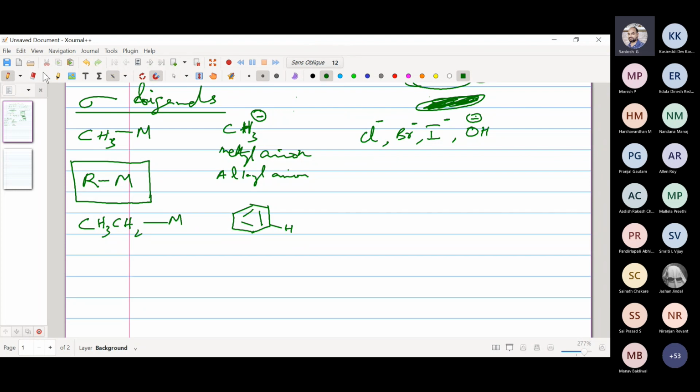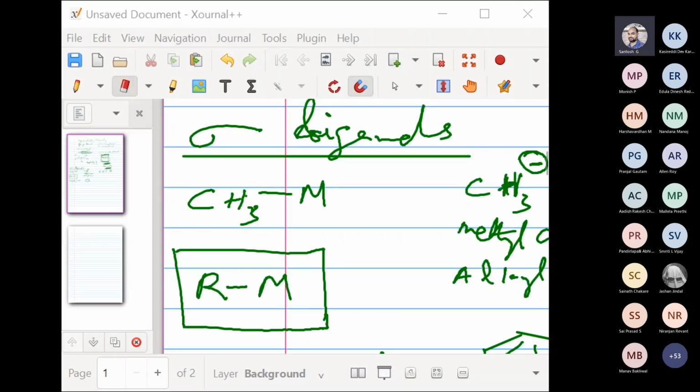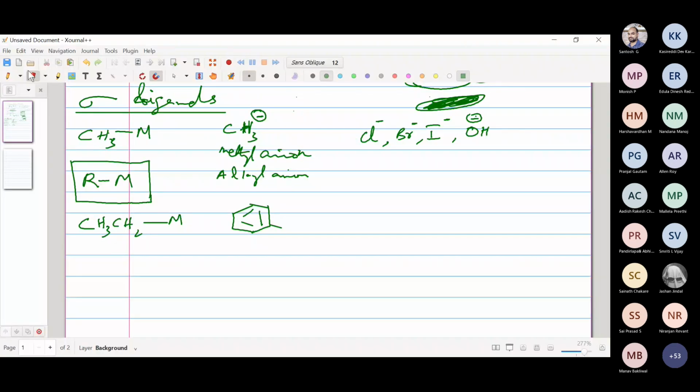Now instead of a hydrogen, it can be replaced with a metal. Again, a classic example for that is phenyl magnesium bromide, another type of Grignard reagent.